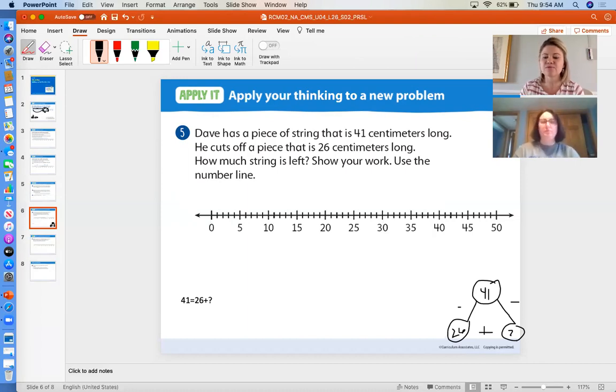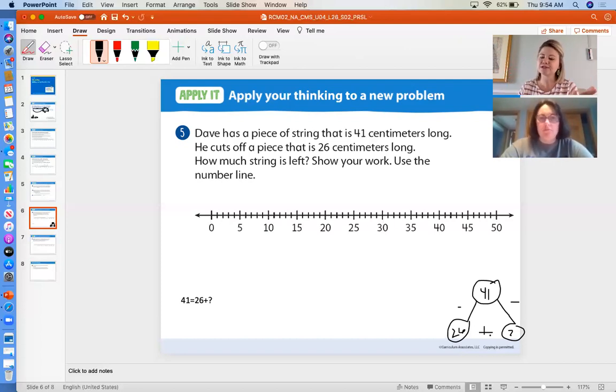We've talked about before how adding on a number line is usually easier than subtracting on a number line. So if we say 26 plus question mark equals 41, that's going to help our brains because we're counting up instead of counting backwards.